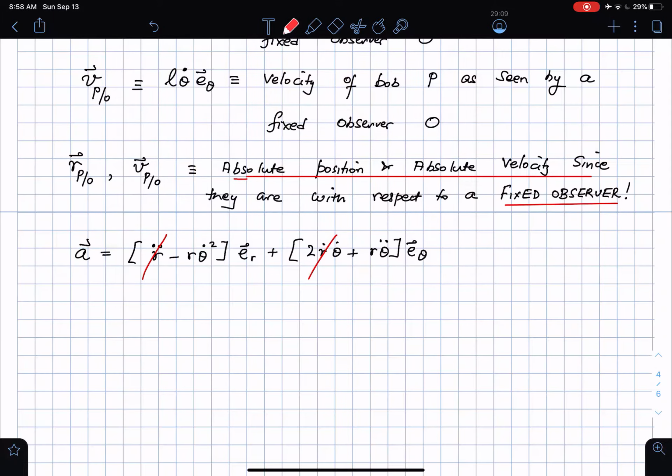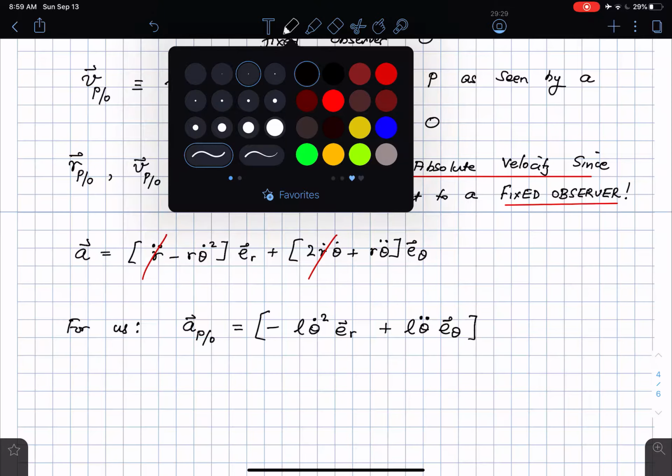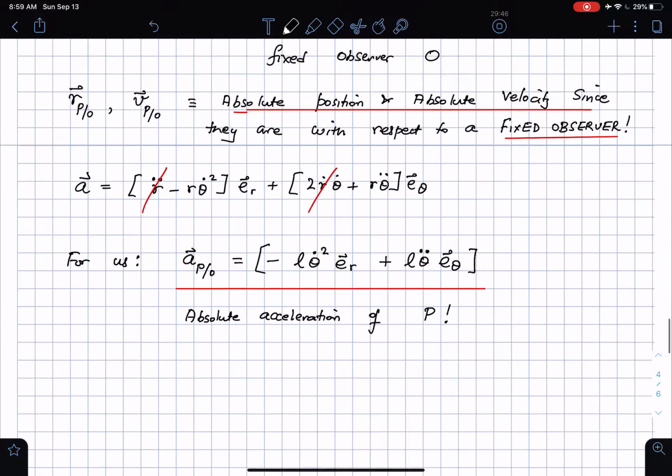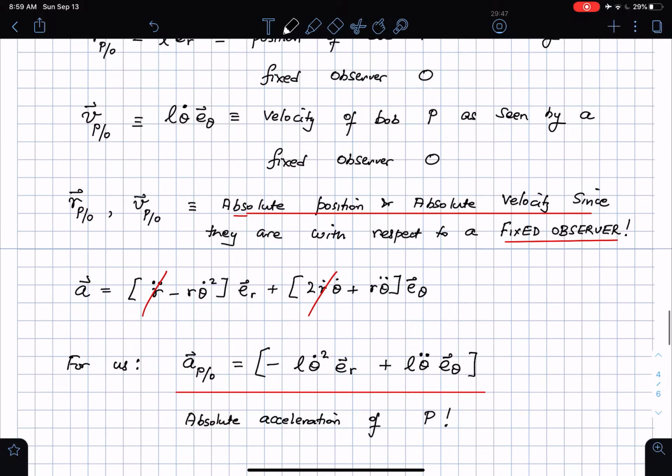So for us, acceleration of P as seen by the observer O is going to be minus L theta dot squared e_r plus L theta double dot e_theta. This is a very, very important thing. This is also, once again, the absolute acceleration of the particle P.